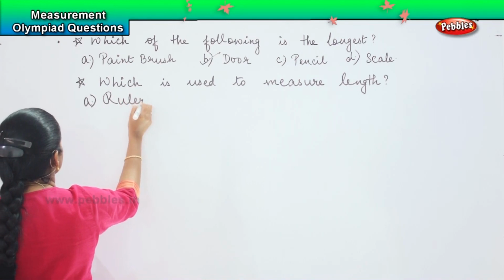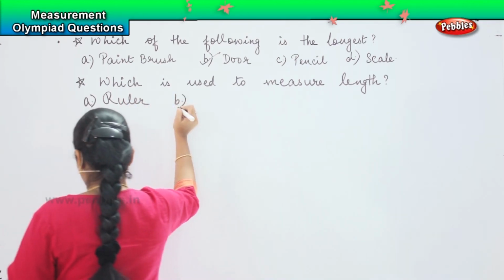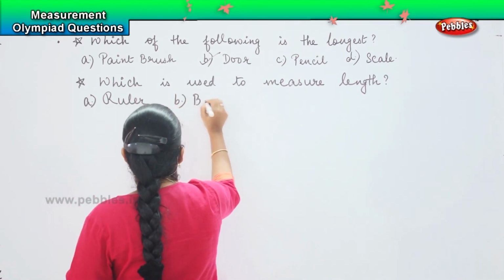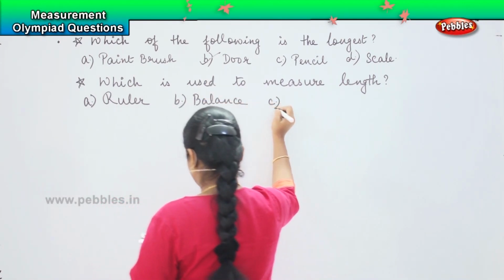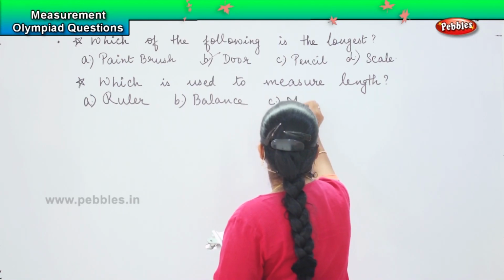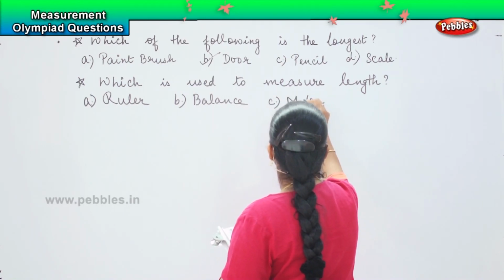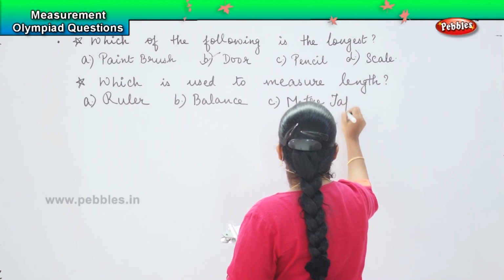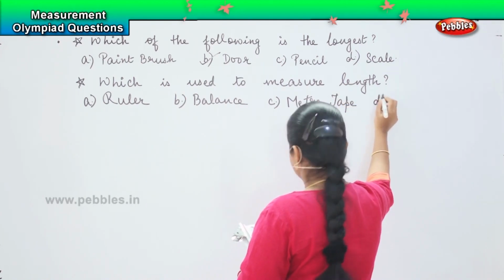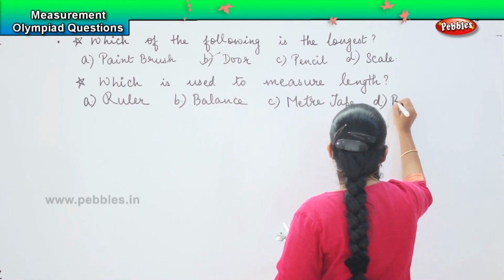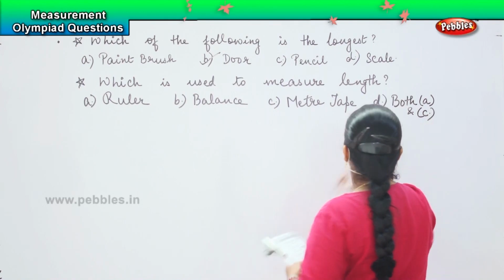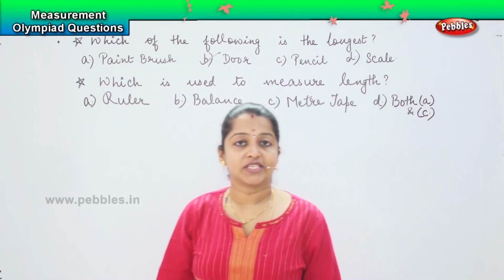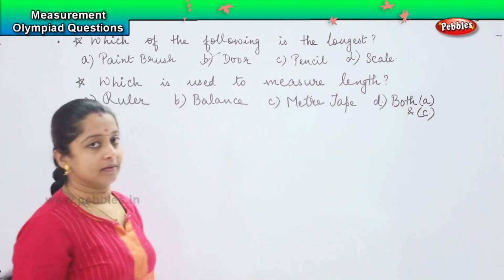Is it ruler or balance, meter tape, and option D says both A and C. So which is used to measure the length?